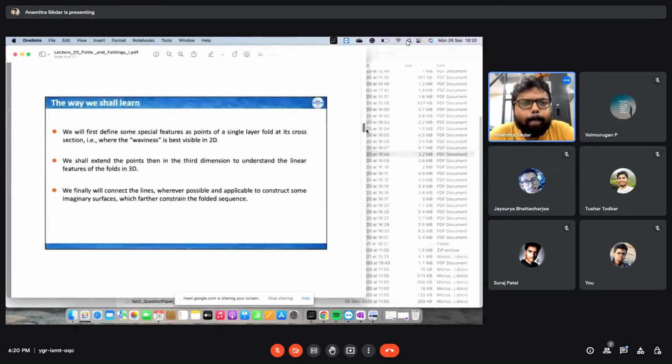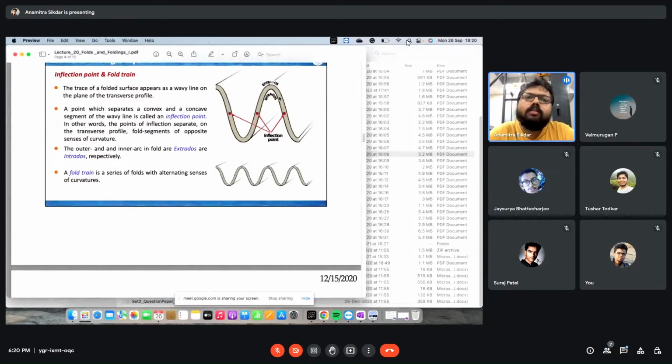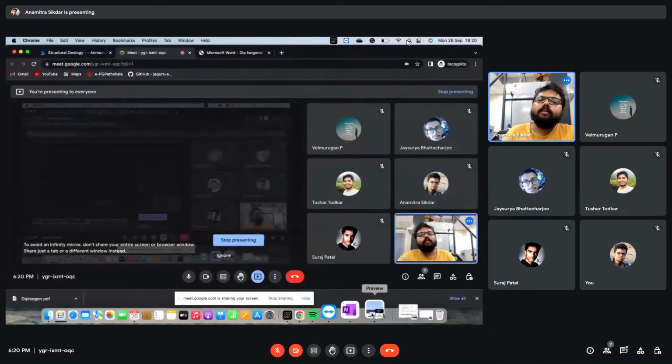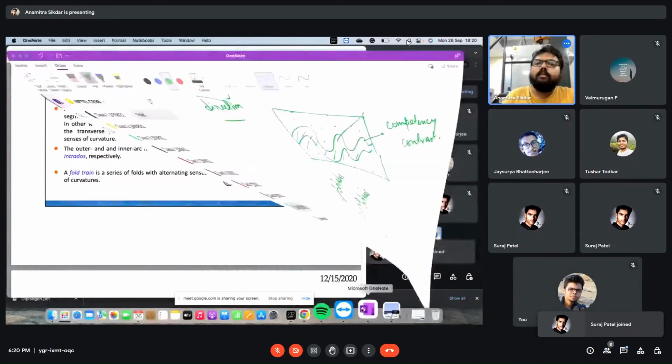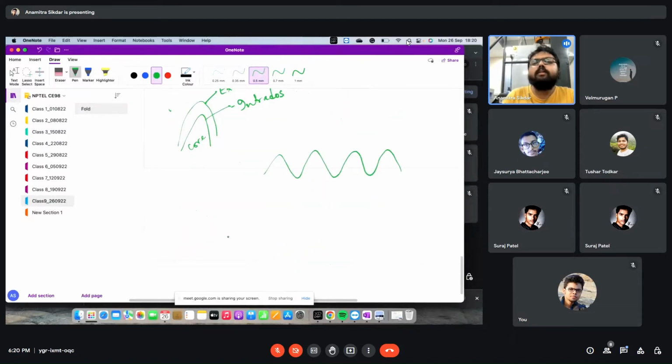So yeah, this is extrados and intrados, and in between that, if you have a continuous folding like this, are you familiar with the term in mathematics called inflection point, right?